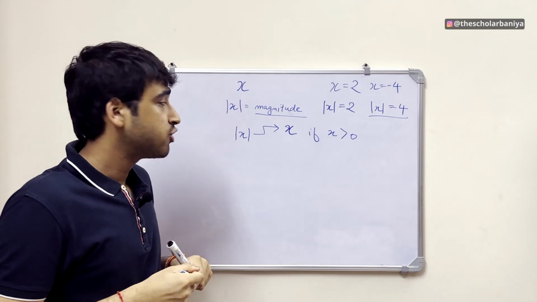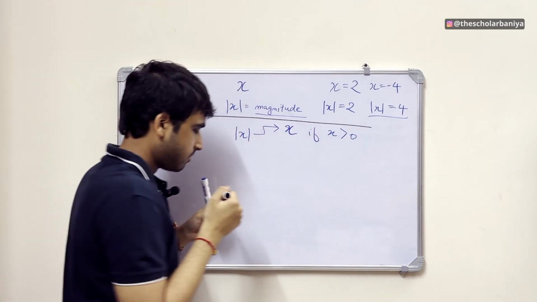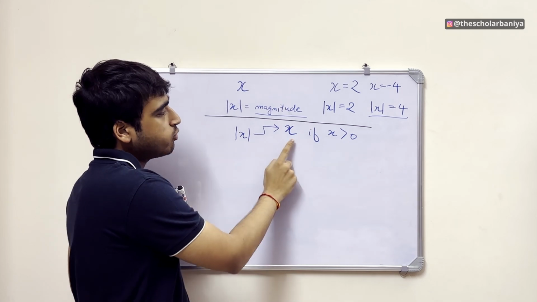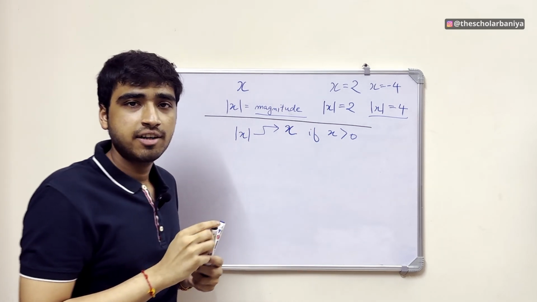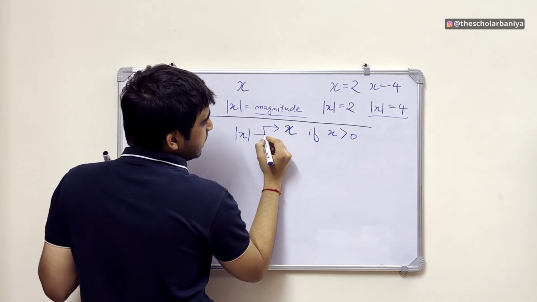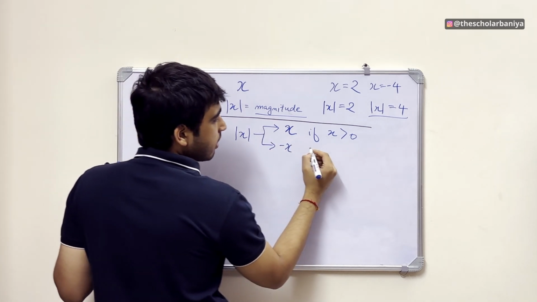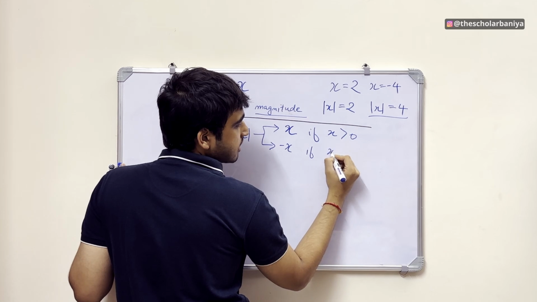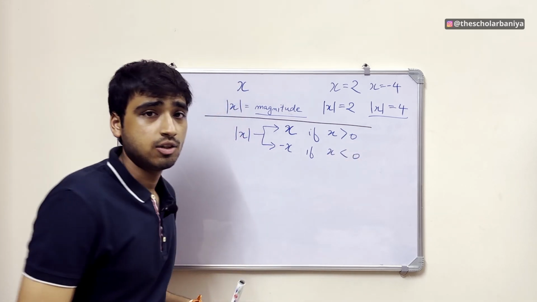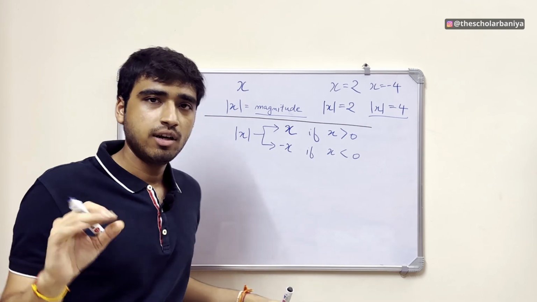This is one thing that should be very clear, right? Mod x will be equal to x if x is greater than 0, and mod x will be equal to minus x, okay, if x is less than 0. So this is kind of a formula, you can say, which you can learn.